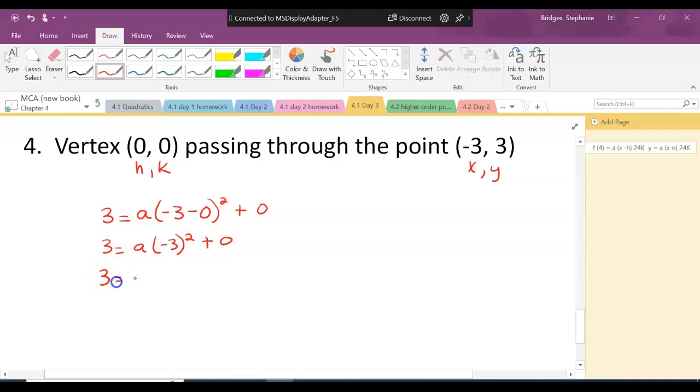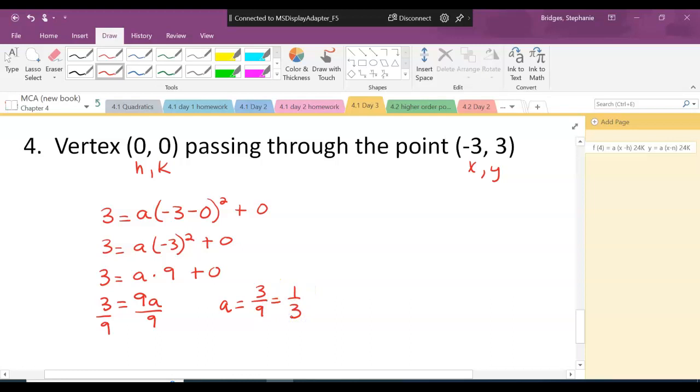And -3 squared is 9. So I've got 3 equals a times 9 is 9a. Do I really need that plus 0 on the end? No. And then to solve that for a, I'm going to get rid of the 9. 9 does not divide into 3 evenly, but it does reduce to be 1/3.